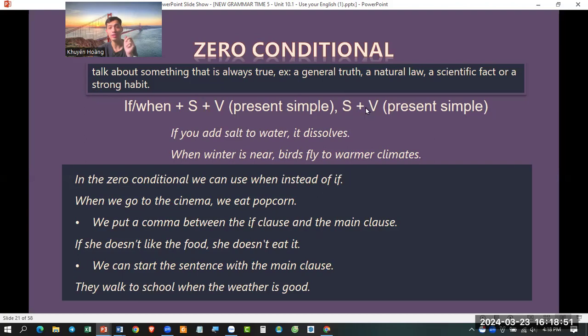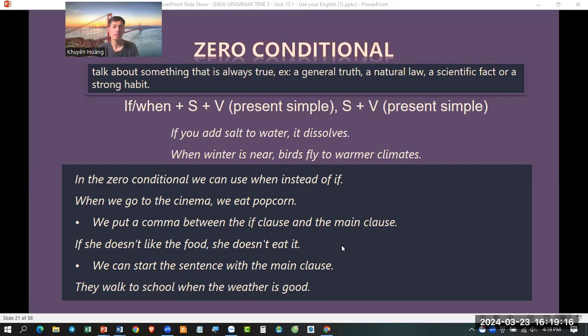This is the first one, and this is the second one. This clause we call the condition clause, and this clause we call the main clause. You know the word main, right?